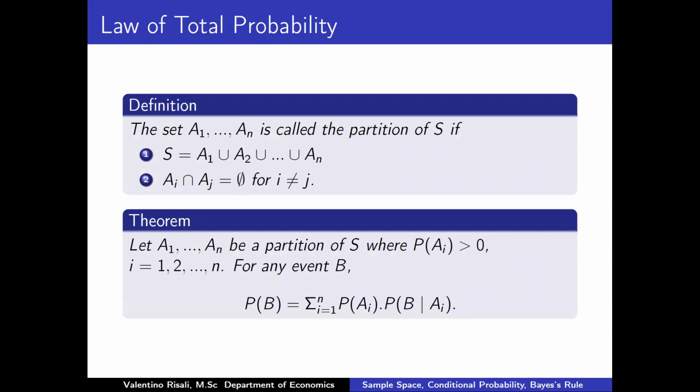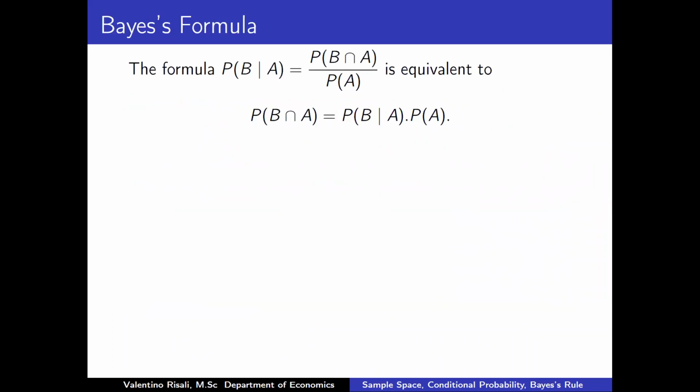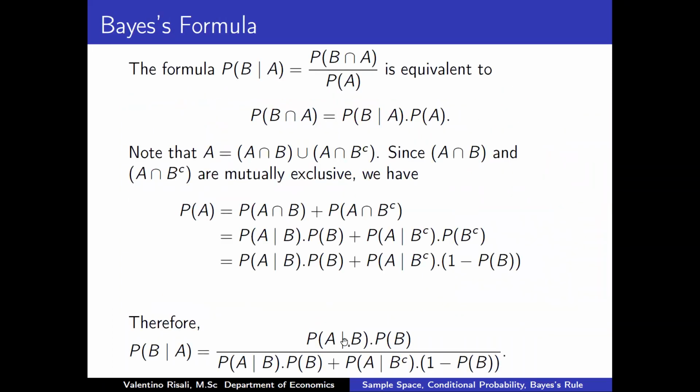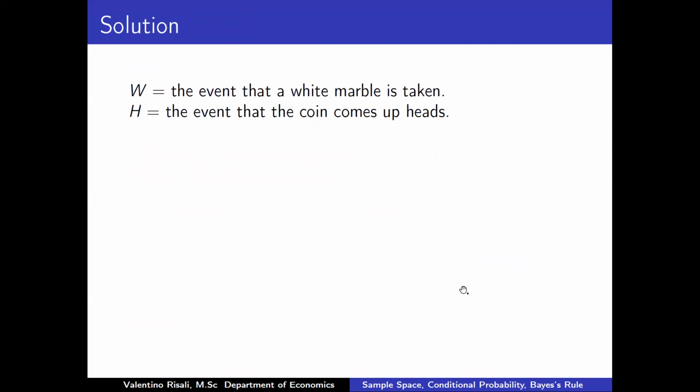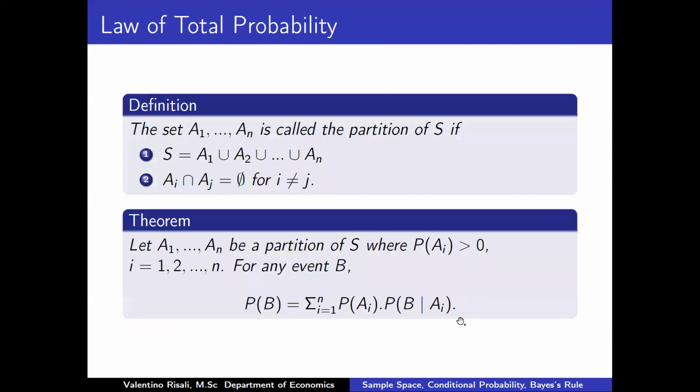If we see the previous formula, it consists of two events, A and B. How do we deal with the generalized form, where we have n events like that?